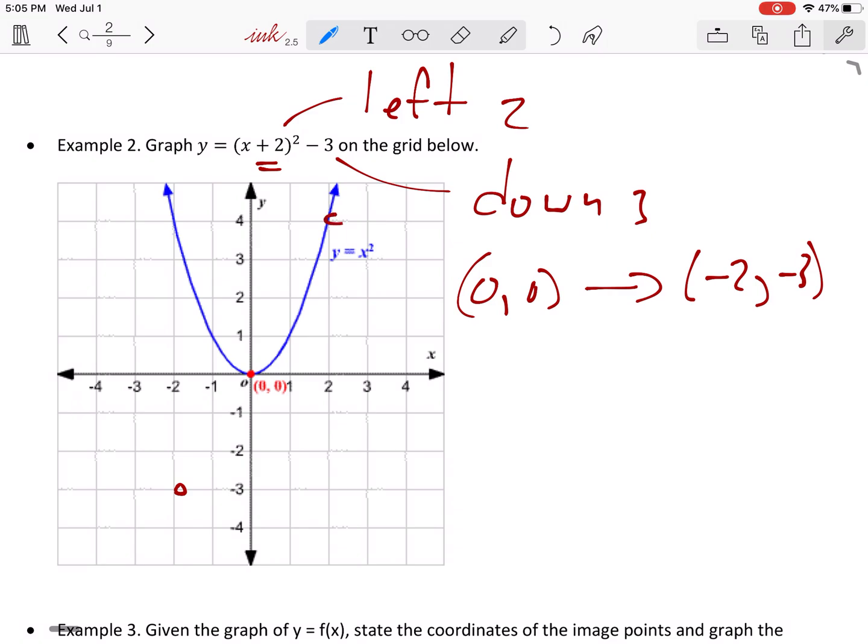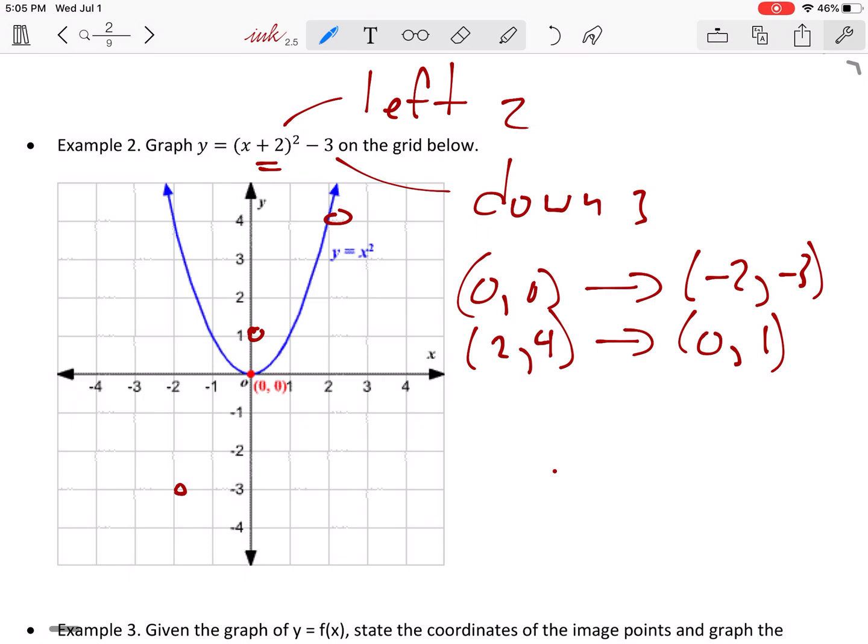Okay, let's take this point here. That point is 2, 4. So we go left 2, so that's going to become 0. And then we go down 3, so that's going to become 1. Okay, so 0, 1, so here's another coordinate.